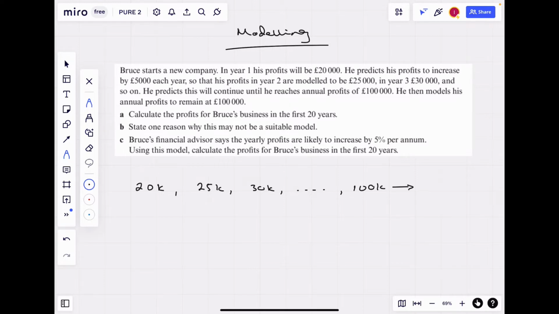Right, so a is 20,000. d is 5,000. And you're trying to work out his profits in the first 20 years. Now, he said his profits are going to remain at 100,000. So you need to first work out how long does it take him to reach 100,000.